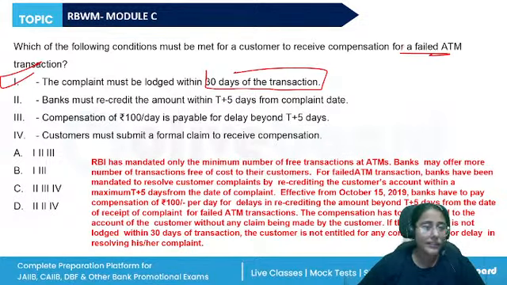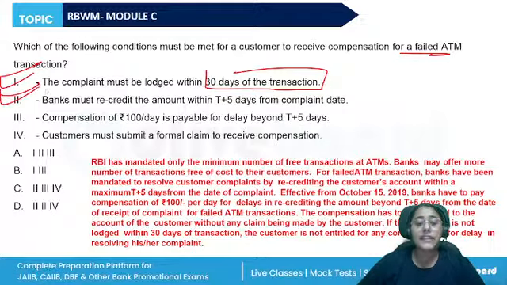Failed ATM transaction would mean what? Let's say the amount has been debited from my account, but cash is not dispensed. This is a failed ATM transaction. So, how does the bank compensate me for that? If the complaint is given, then the complaint must be lodged within 30 days of the transaction.